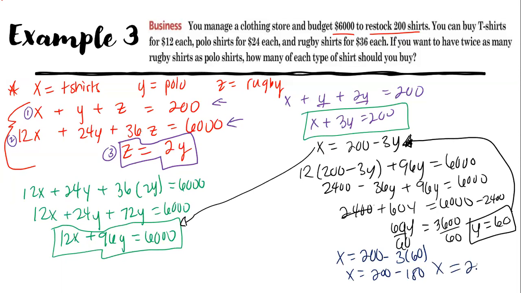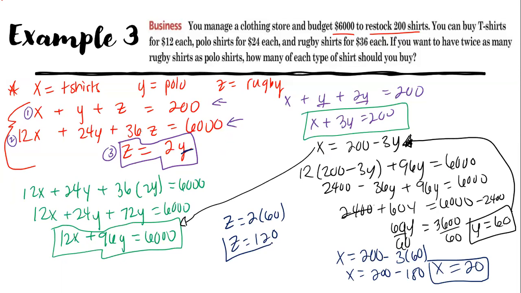So x equals 20. And I'm also going to take y and substitute in the beginning to solve for z. So z equals 2 times 60. So z equals 120.